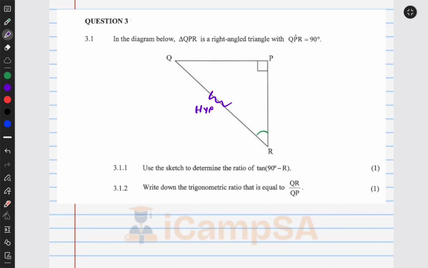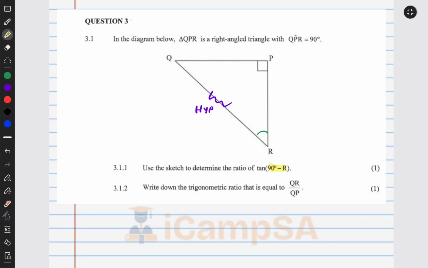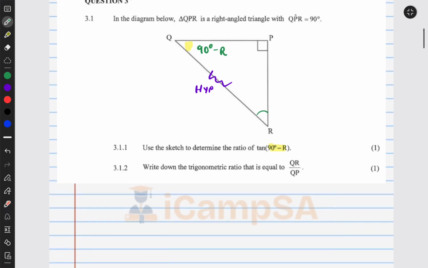It tells us that angle 90 minus r that we have here is essentially angle Q. That is the angle which is 90 minus r, because this is the angle r here, and therefore angle Q is the angle of 90 minus r. So what is going to be the ratio of tan 90 minus r?